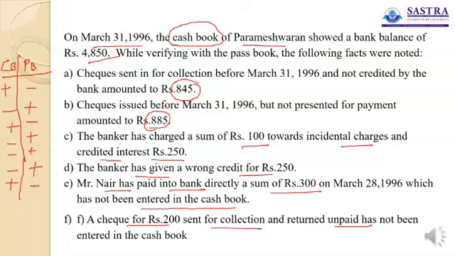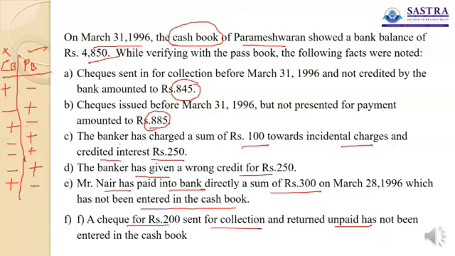Till such time, it would be taken as only a check deposited but not yet collected, or maybe unpaid or returned. So with this, you take the passbook's symbols and not the cash book symbol.